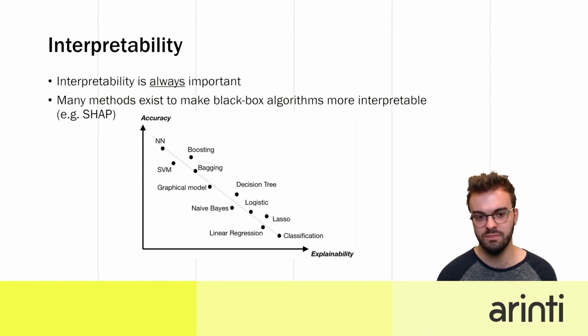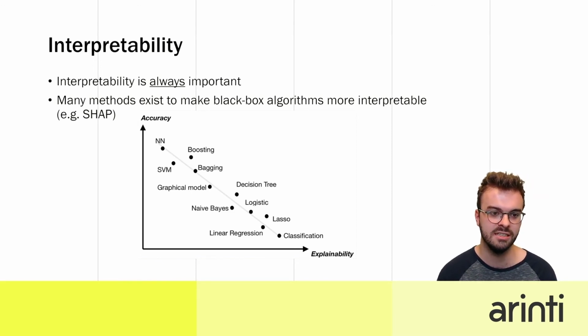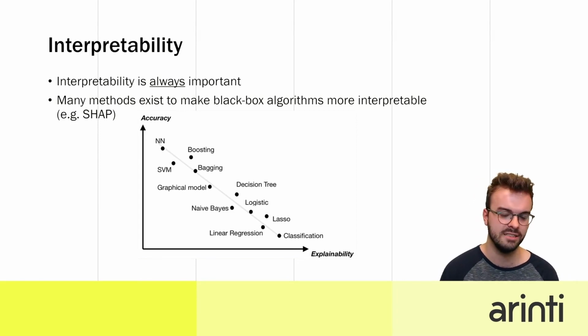This image here is also something you'll often see in a lot of data science courses, where one model is considered to be more explainable and another model is considered to have a higher accuracy. Not sure if accuracy is really a correct way to describe it. I would put complexity on the y-axis.